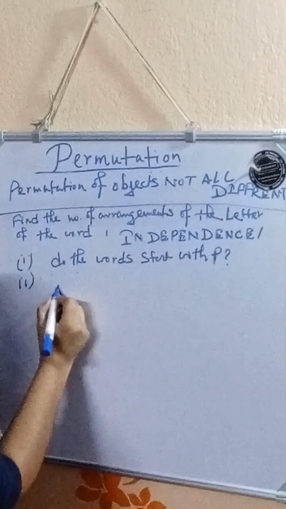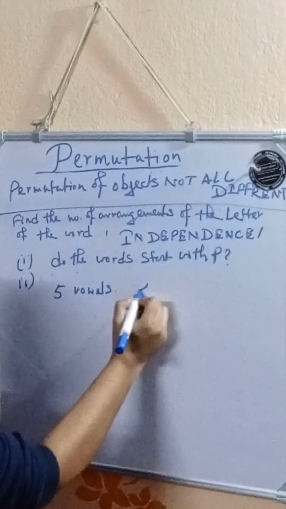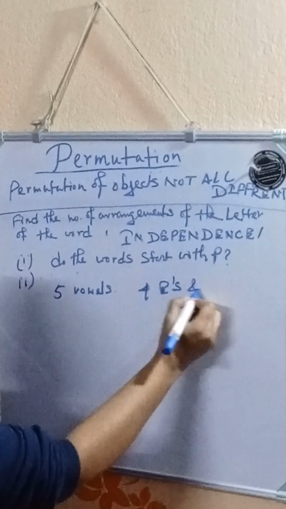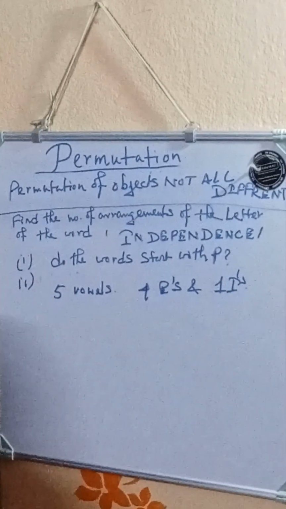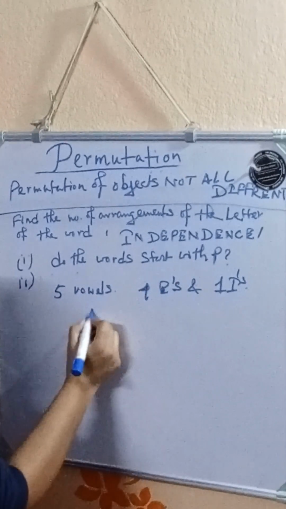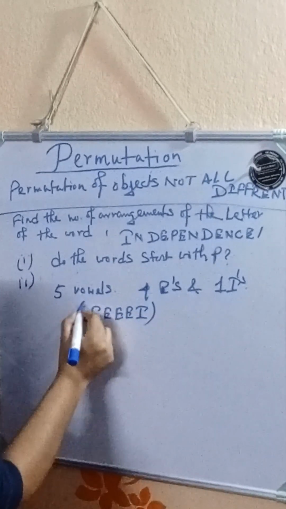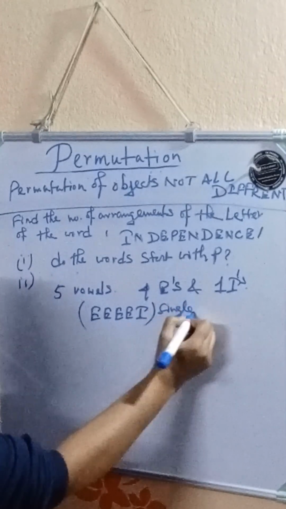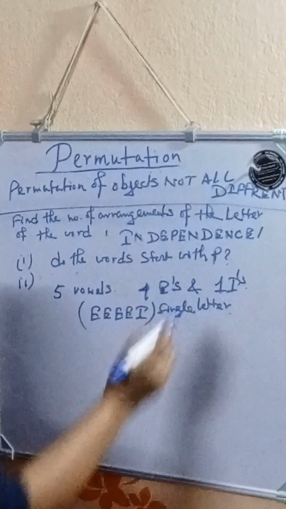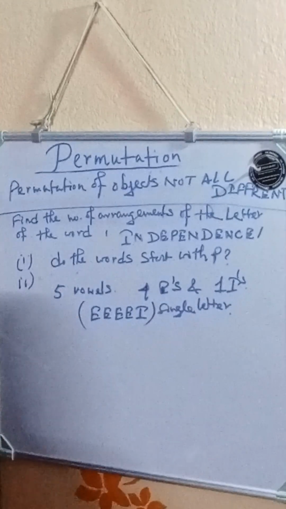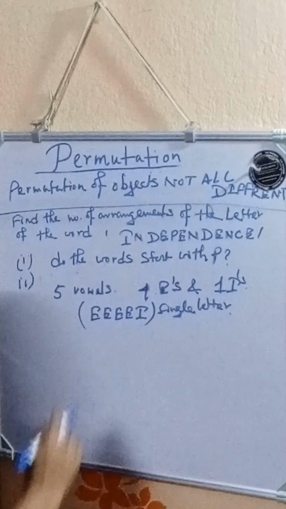There are 5 vowels, 4 E's and 1 I. Let's treat them as a single letter.